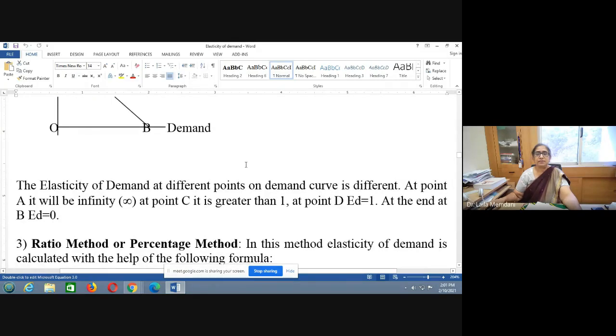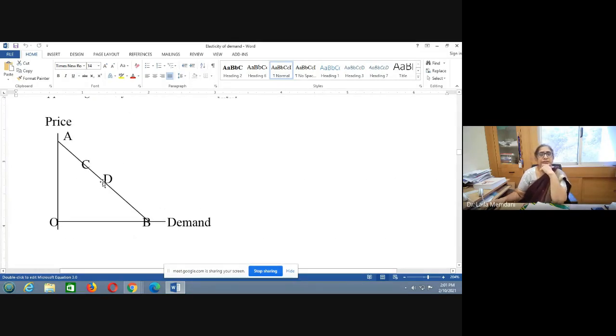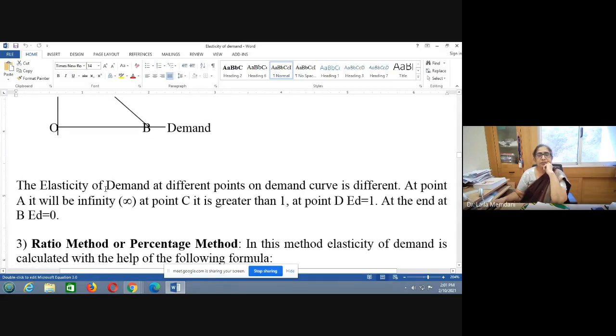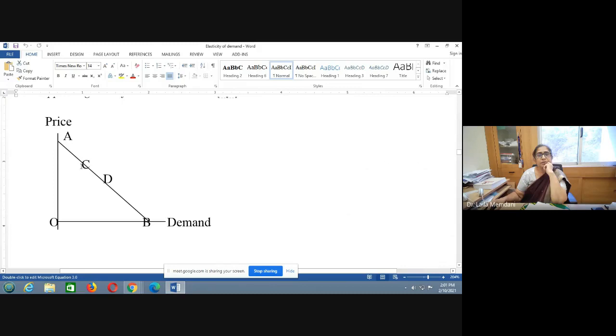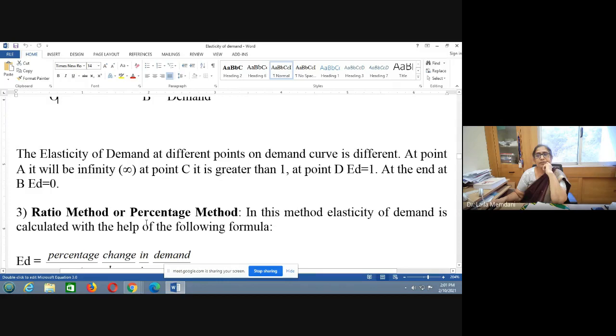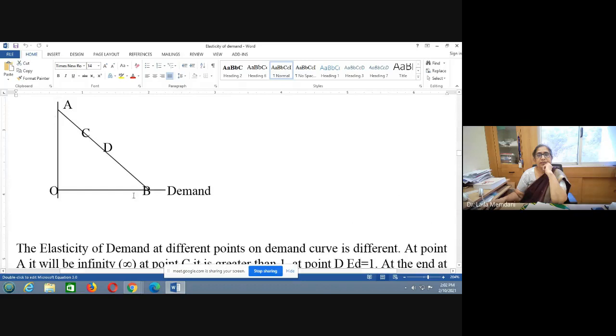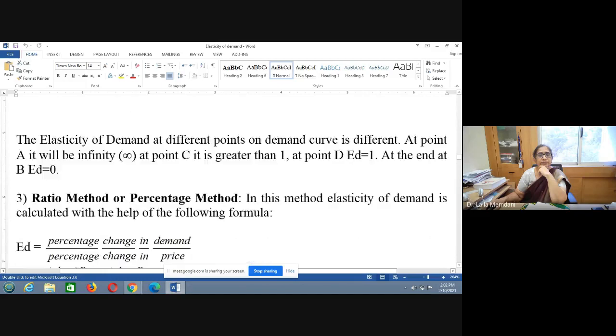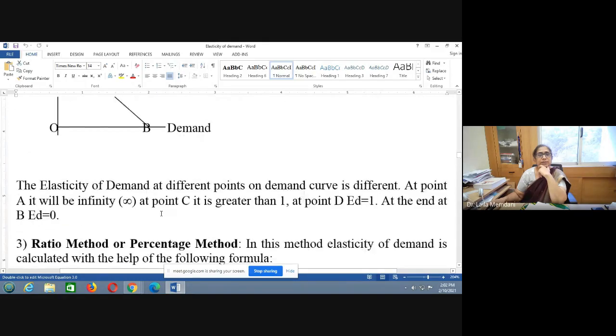The elasticity of demand at the center point is equal to 1 because the lower segment is equal to the upper segment. At point A, it will be infinity. And at a point above the center, it is greater than 1 because the lower segment is bigger. At the center point, it is equal to 1. And at point B, it is equal to 0 because the lower segment is equal to 0.